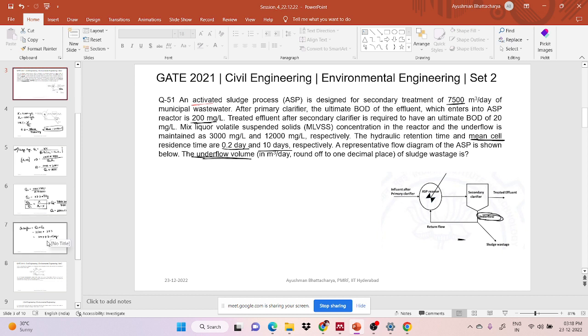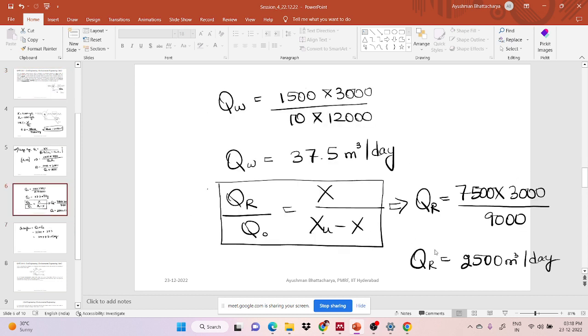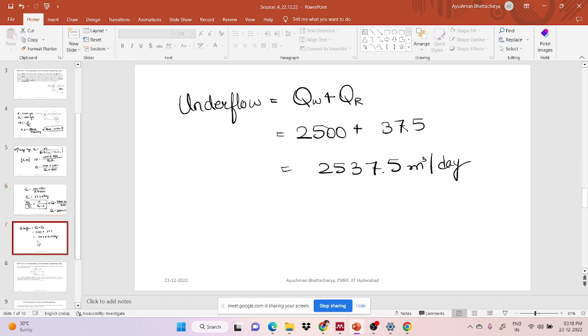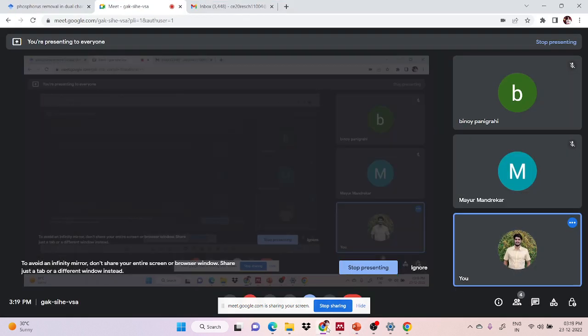So then we calculated QR, which is around 2,500 meter cube per day. If you add both of these, you will get 2537.5 meter cube per day, which is our underflow value. Is it clear?